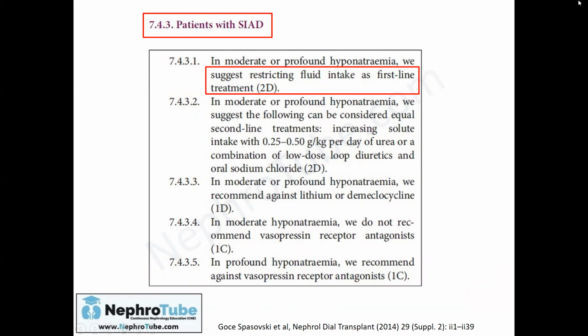But in general, the main idea of the management is fluid restriction, but it is not enough because this patient excretes excess sodium in urine. So we have to give urea tablets or a combination of low-dose loop diuretics and oral sodium chloride beside the fluid restriction, because fluid restriction alone will not be enough.